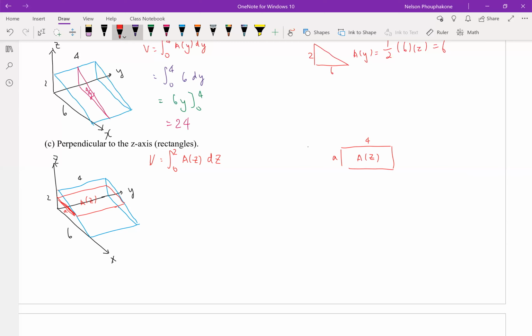One thing about this is we would work with this triangle again. Because in this case right here, this is my A right here. So we know that this is 6 right here, this is 2 right here. And then now the z is what is from 0, so this right here is z.